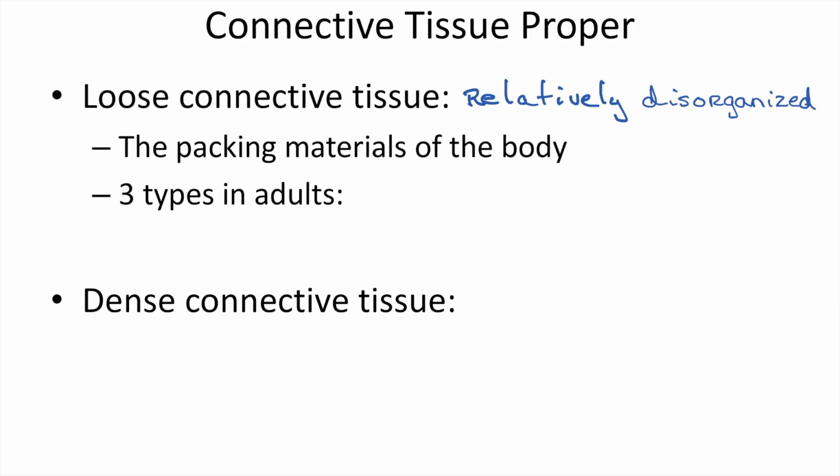There's not a lot of consistent internal structure, and there are 3 types in adults: areolar connective tissue, adipose, and reticular connective tissue.